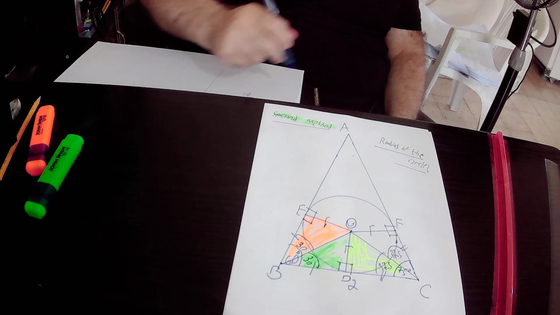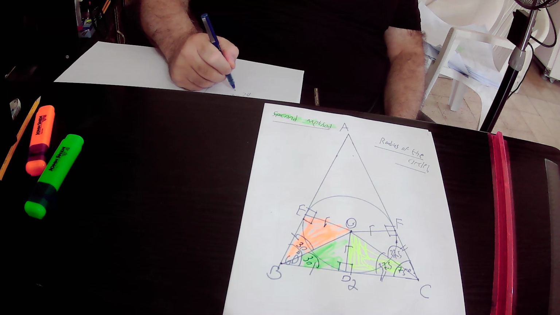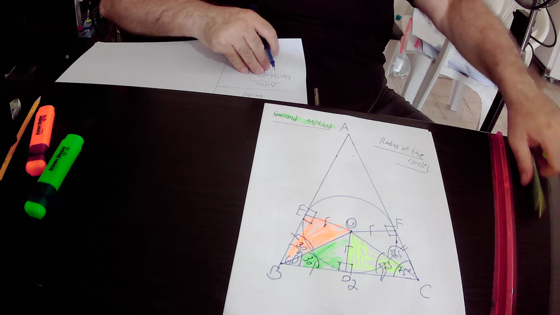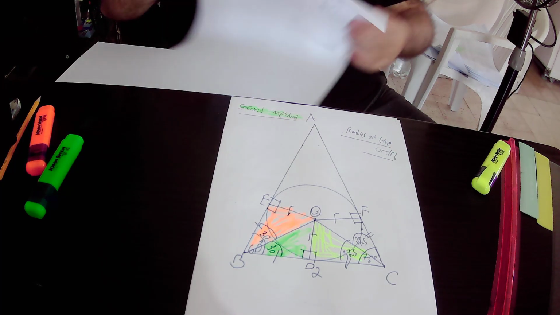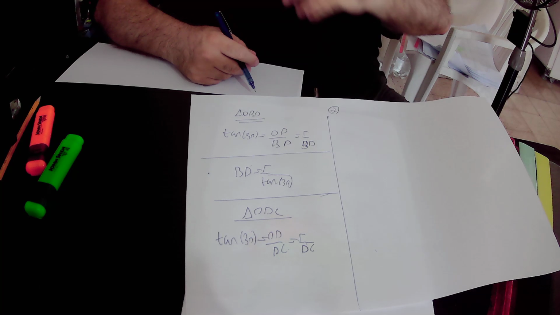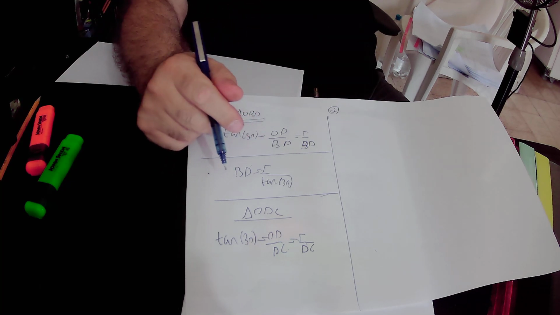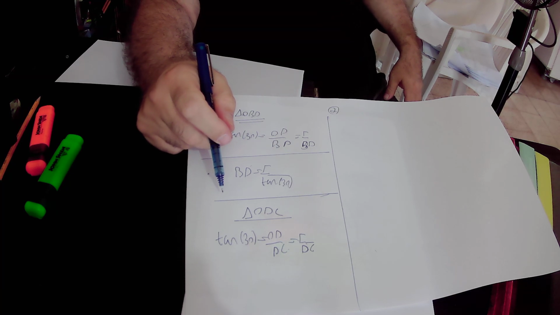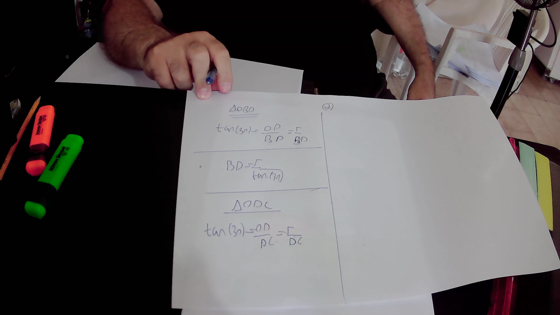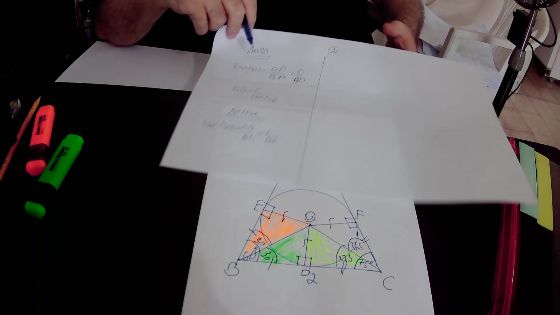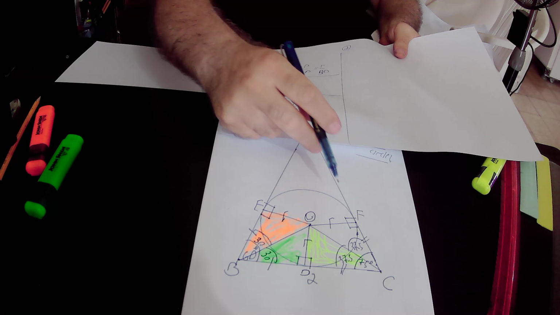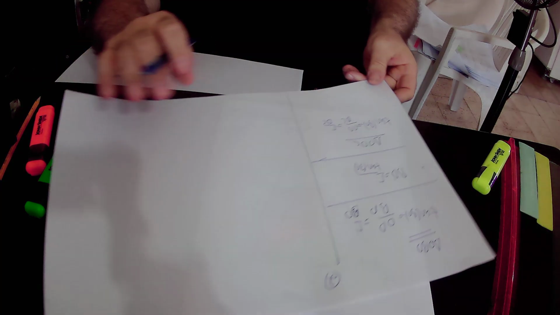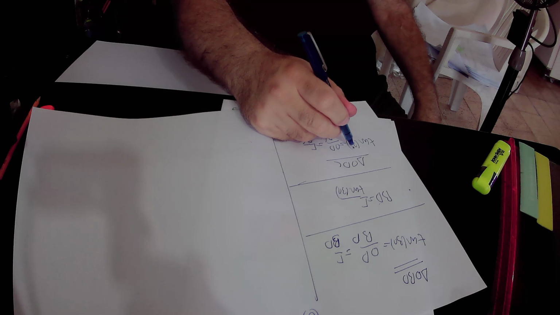OD equals R, so we substitute OD by R over DC. So in conclusion, we found out that in the yellow triangle ODC, tangent 30 degrees equals R over DC. Here we'll multiply this equation by DC and then we divide it by tangent. So actually here it is not tangent 30 degrees, but it is tangent 37.5 degrees. So I correct it to tangent 37.5 degrees.